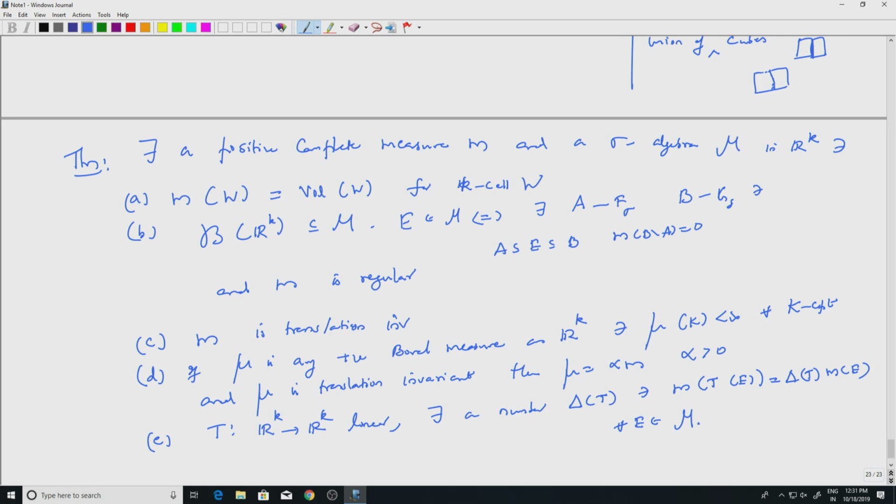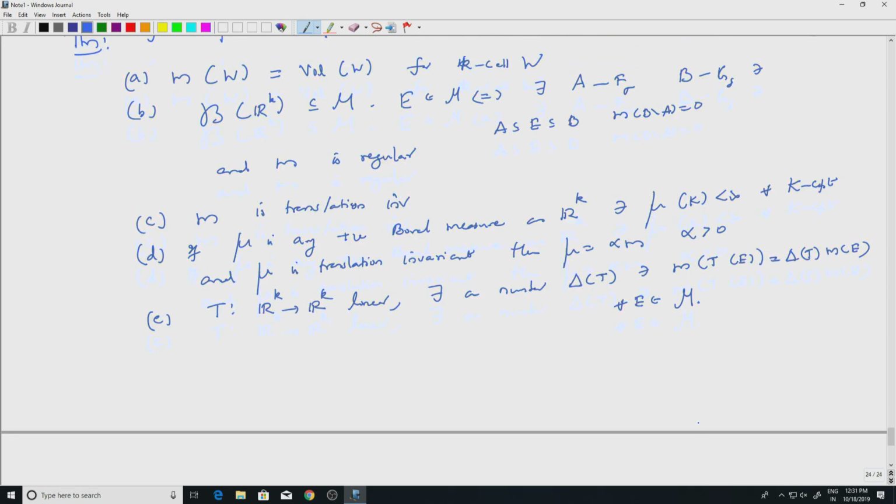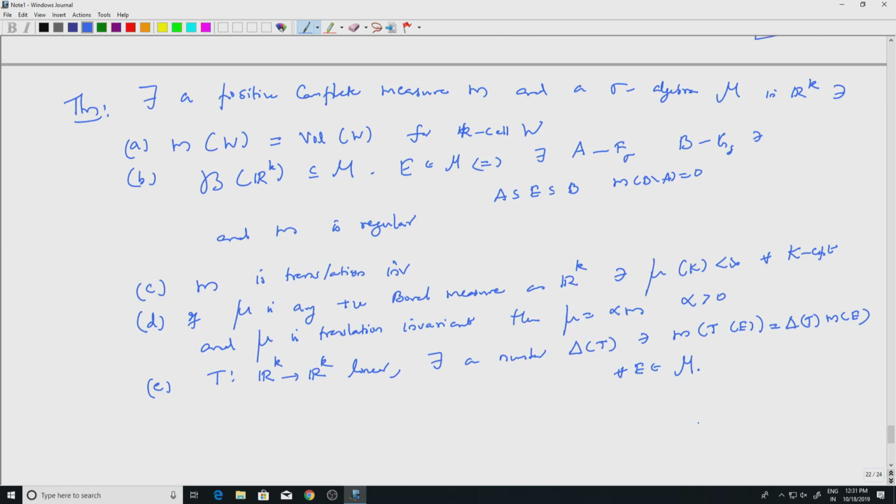So, recall that we did something like this by multiplication by delta, dilation. When we looked at dilation of Lebesgue measure, we saw that delta to the n comes out, which is precisely the determinant of the linear map x going to delta x. So, that is the delta T here. Okay.